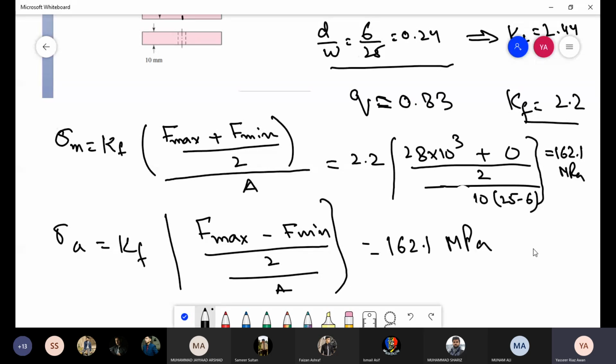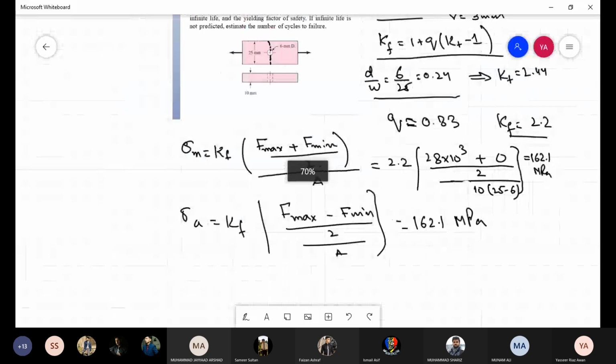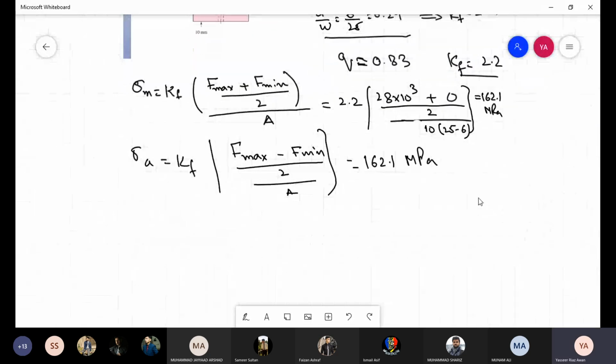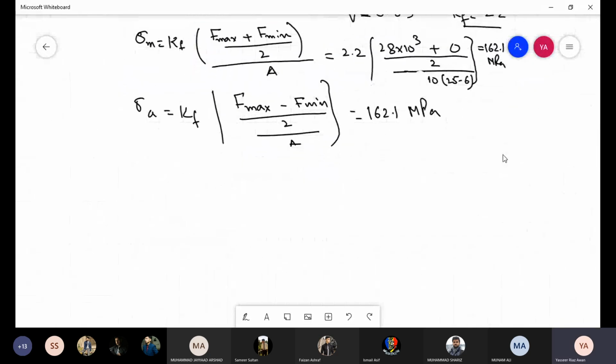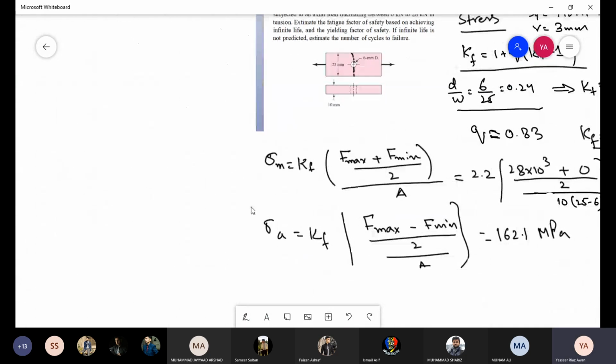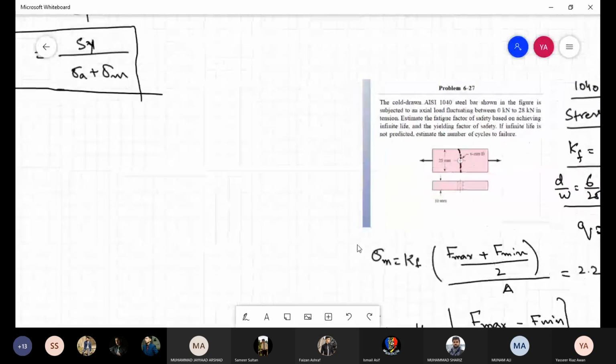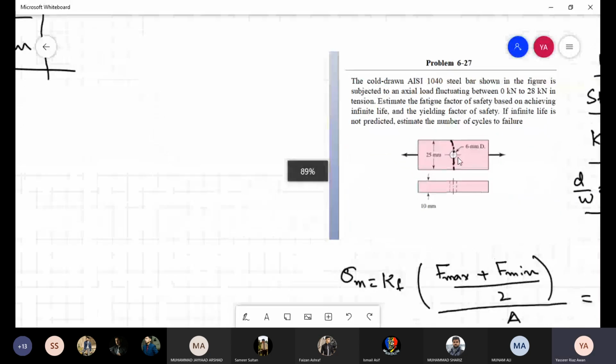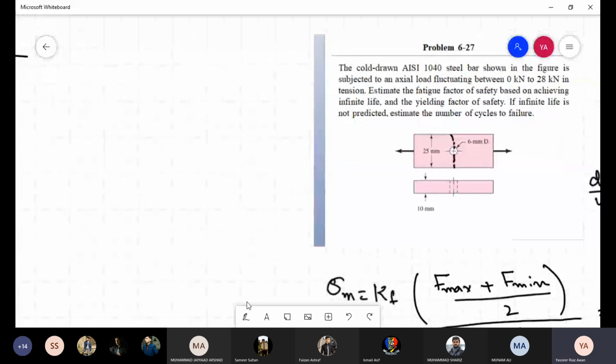For repeated load, sigma m and sigma a have the same value. So this was the stress part.